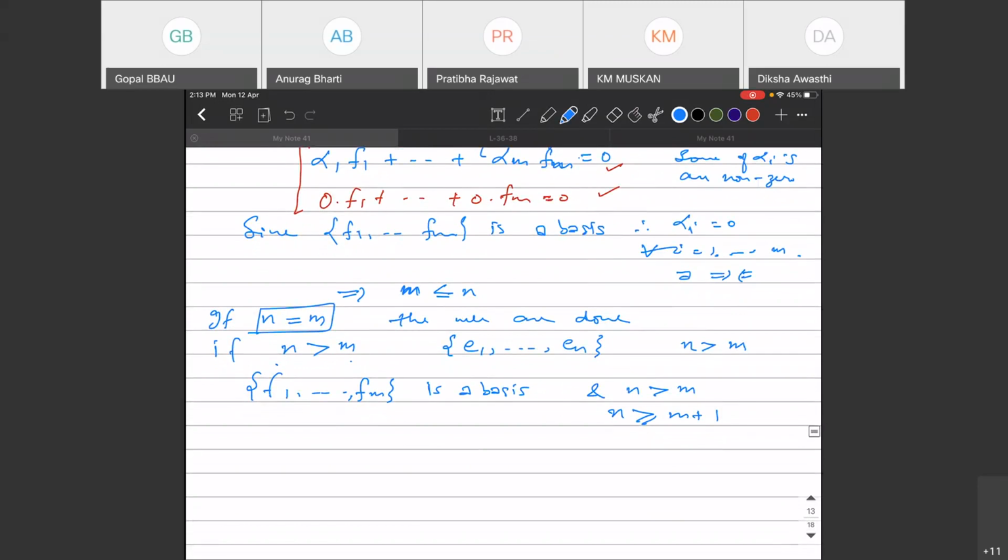So any set which contains more than m vectors will be linearly dependent. So this implies E1, E2, ..., En is linearly dependent.